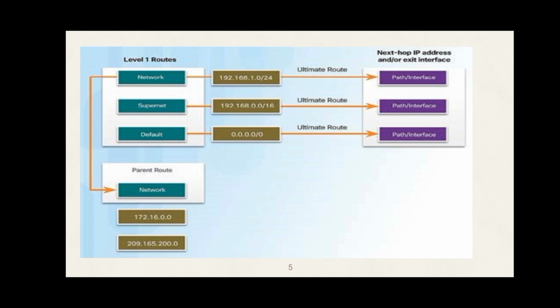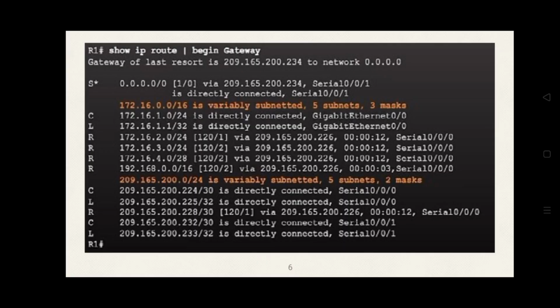If we have done subnetting, for instance, here we have the 172.16.0.0/16 that is variably subnetted into 5 different subnets with 3 different masks.